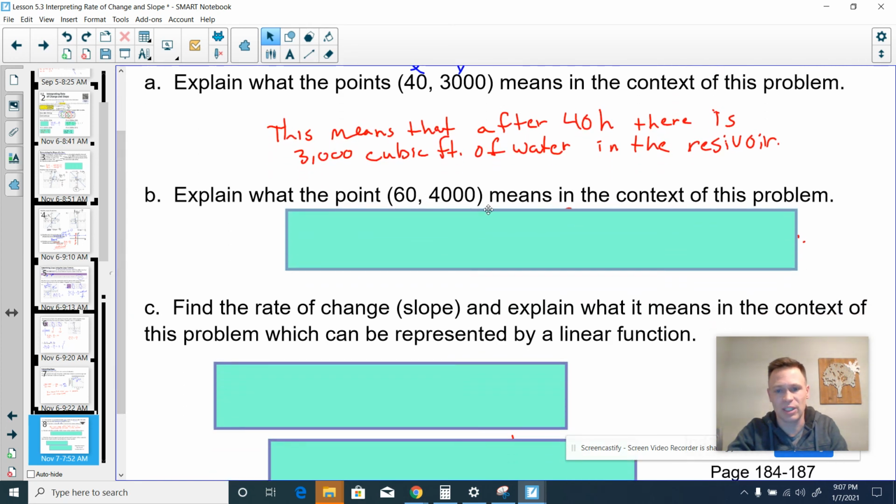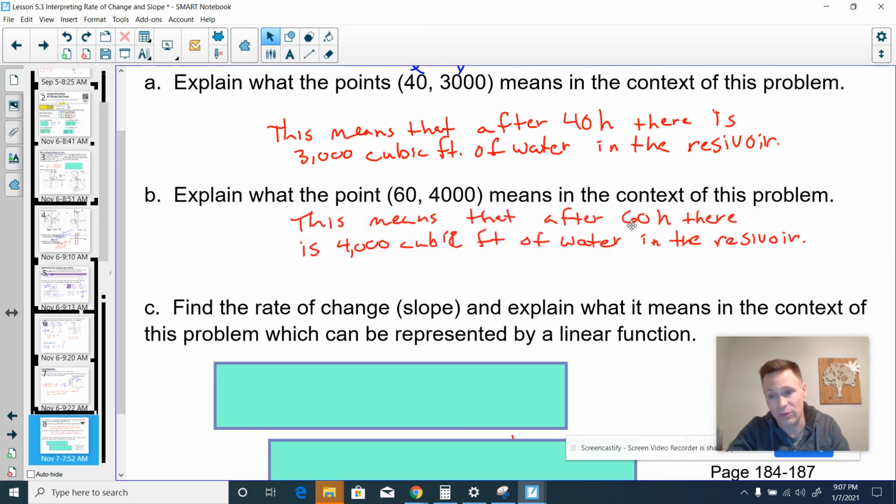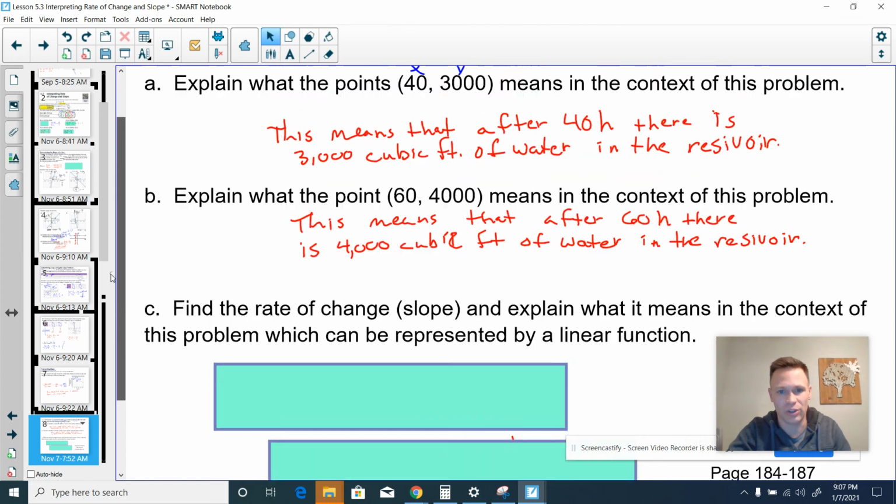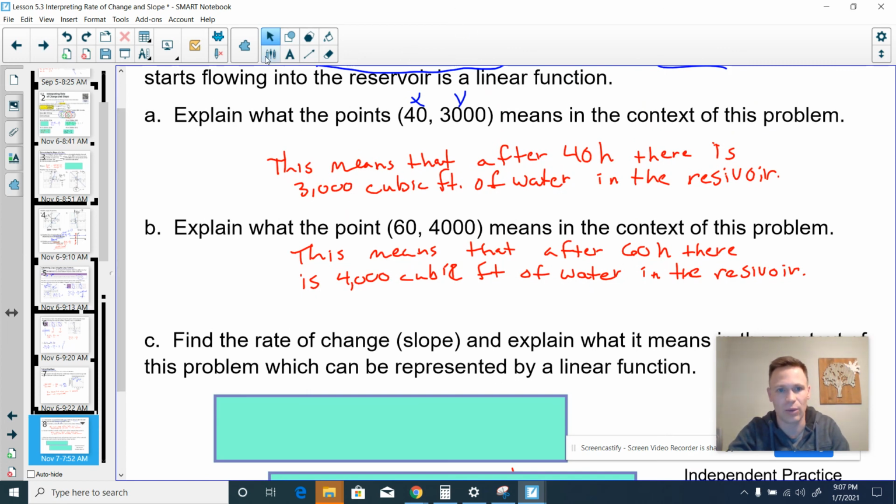Same thing, explain what (60, 4,000) means. Well, it's the exact same meaning for X and Y, it's just different numbers. So now that means that after 60 hours, there is 4,000 cubic feet of water in the reservoir. And now we want to find that rate of change. So we've got our 2 coordinate points here. I'm just going to label them because I hadn't before. This is X1, Y1.